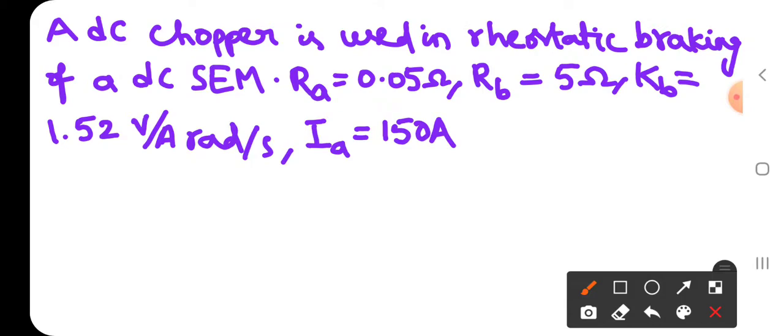Average armature current is maintained constant at 150 amperes. The armature current is continuous with negligible ripple.